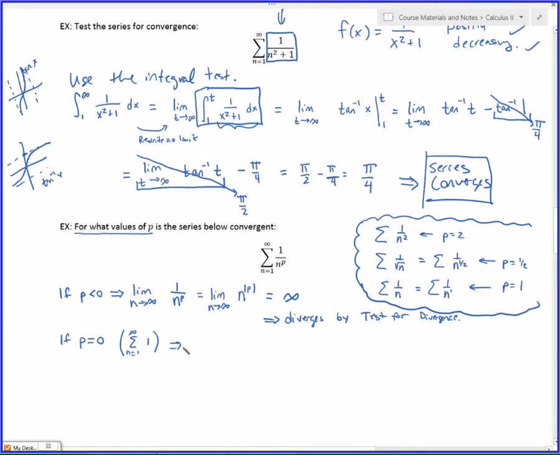And by the way, that means the limit as n goes to infinity of 1 over n to the p is just the limit as n goes to infinity of 1. And what's the limit of 1? It's 1.